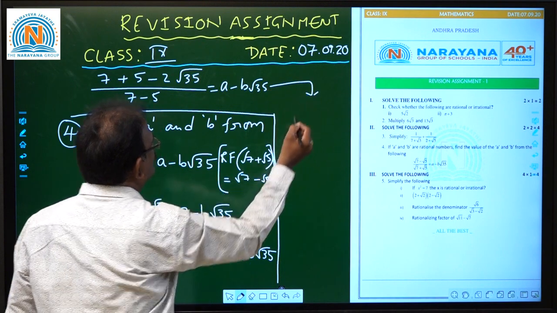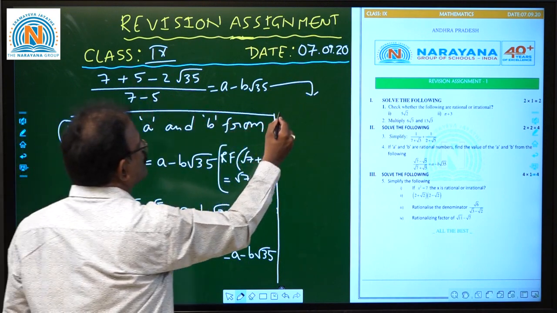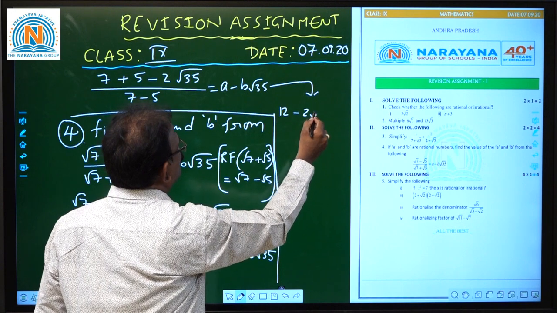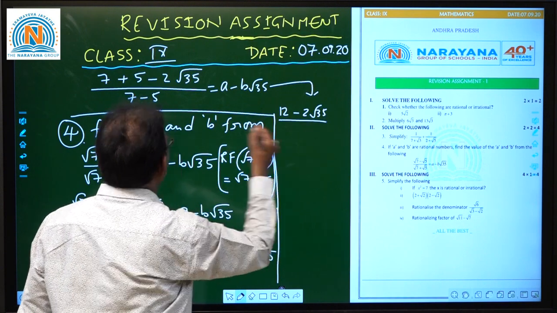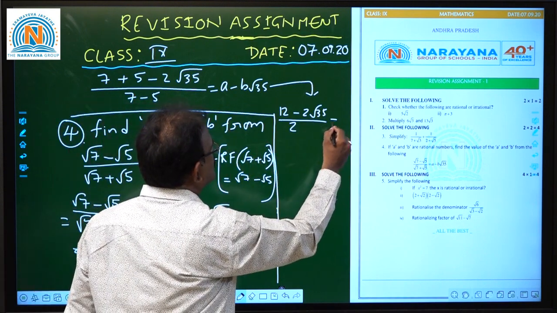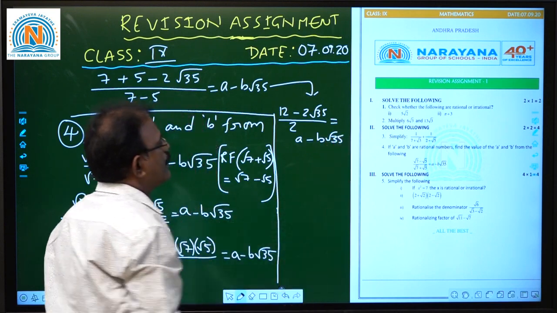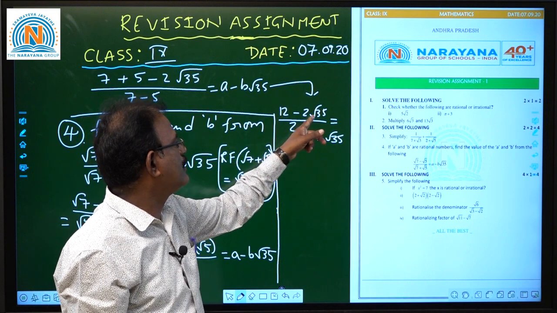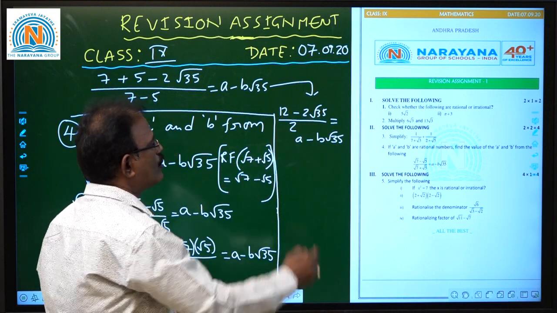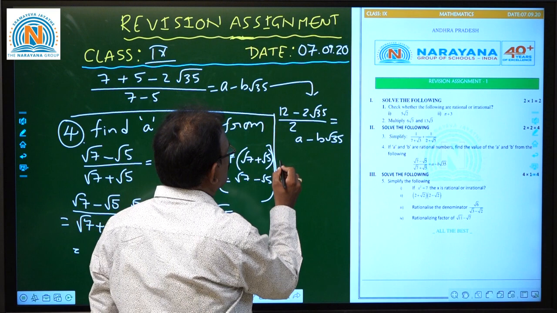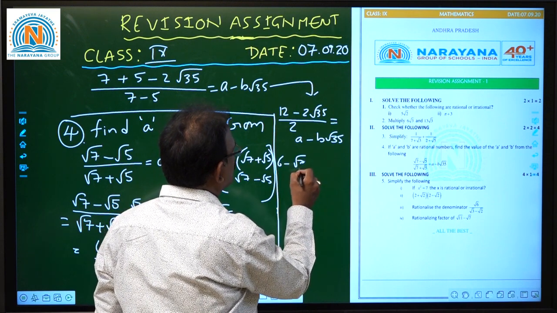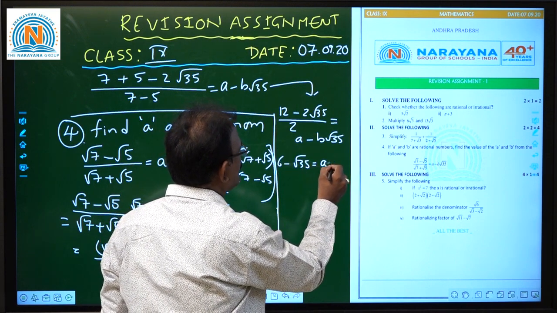Now 7 plus 5 is 12 minus 2 root 35 by 7 minus 5 becomes 2 is equal to a minus b root 35. So 2 is common in the numerator in each and every term. If you take 2 common and cancel with the denominator, then 6 minus root 35 is equal to a minus b root 35.